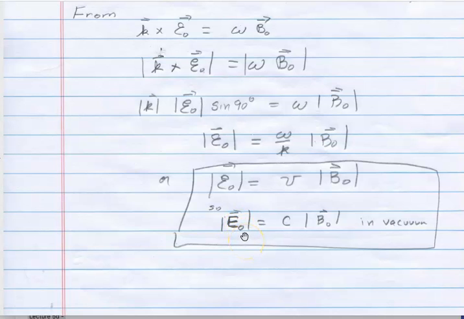So in terms of magnitudes, the magnetic field of an electromagnetic plane wave is much weaker than the electric component by a factor of 1 over 3 times 10 to the 8th.